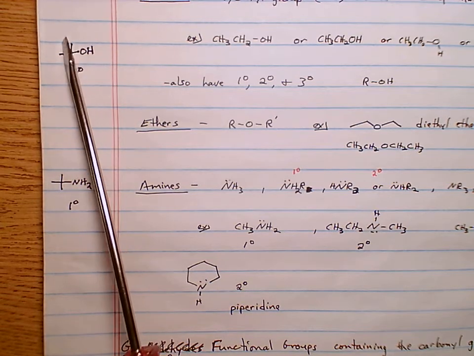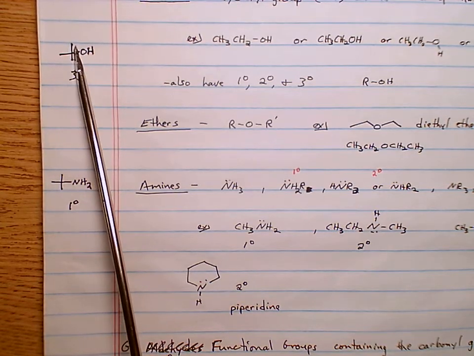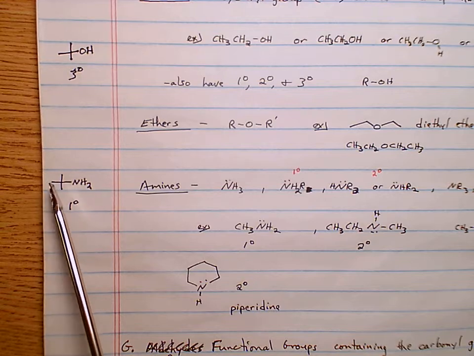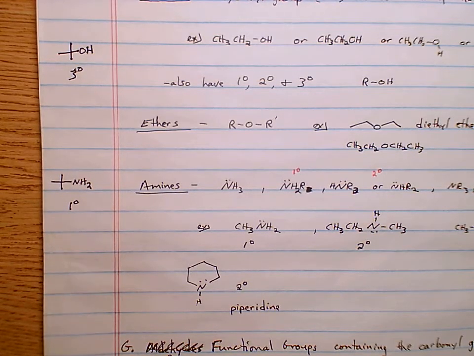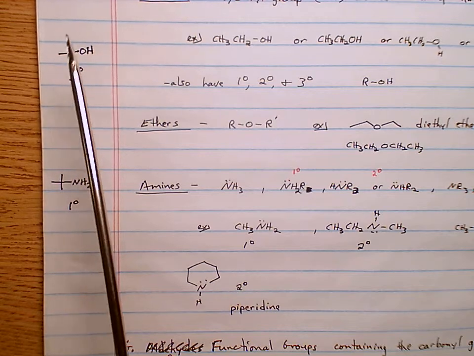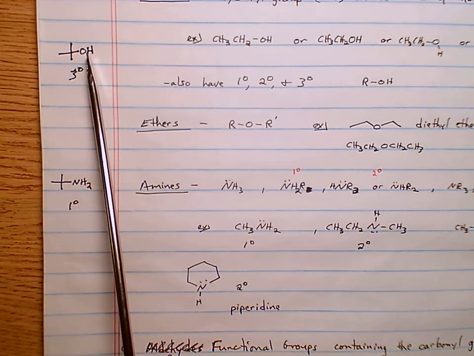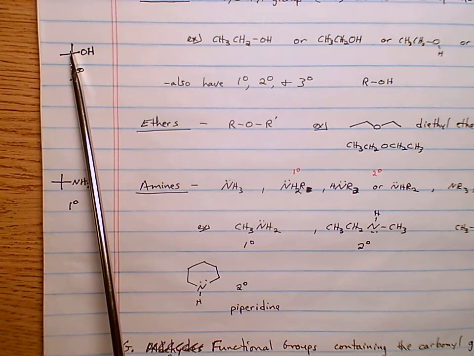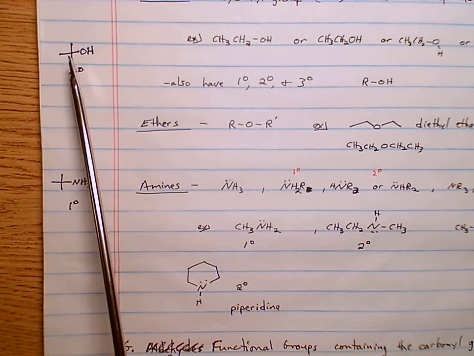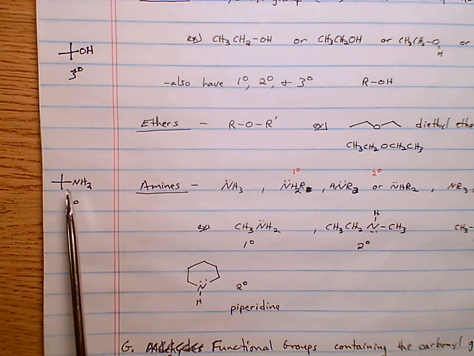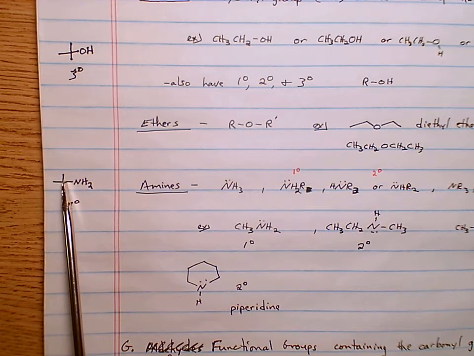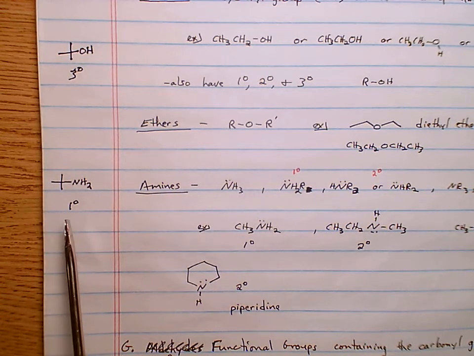We've got the 3 CH3s, the carbon and OH, and the 3 CH3s, the carbon and NH2. Why is this tertiary and why is this primary? This is tertiary because with alcohols and alkyl halides, we look at the carbon, and this carbon is bonded to 3 carbons. With amines, you look at the nitrogen. This nitrogen is bonded to 1 carbon, so it's primary. Make sure you get that straight.